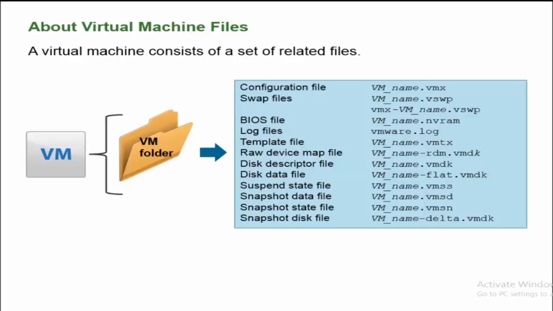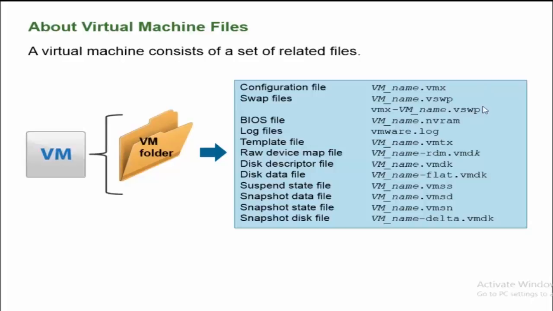The first is the configuration file, that is the .vmx file, which contains all the configuration, that is how many CPUs, how much RAM, how many NIC cards you have assigned to a VM. So whatever configuration you have made for the virtual machine, it will be listed in the .vmx file. Then we have two swap files created.